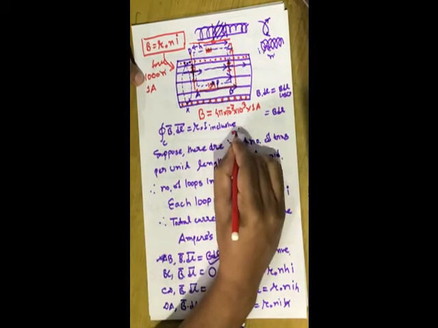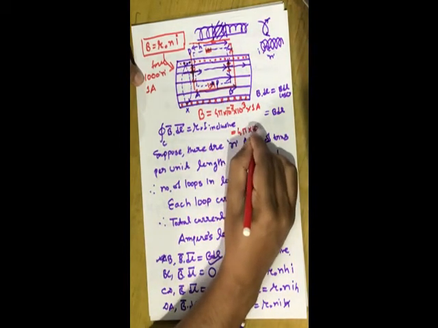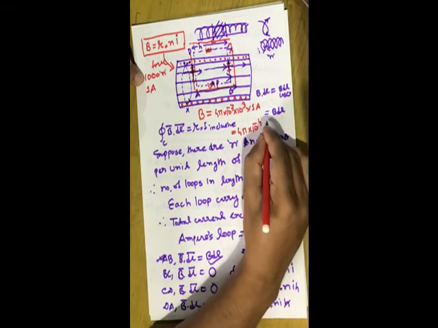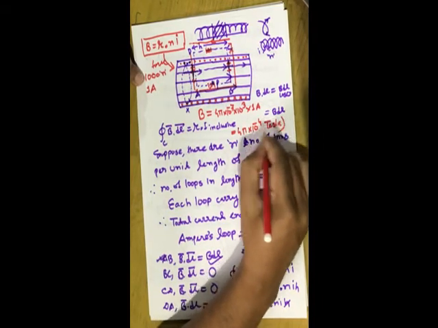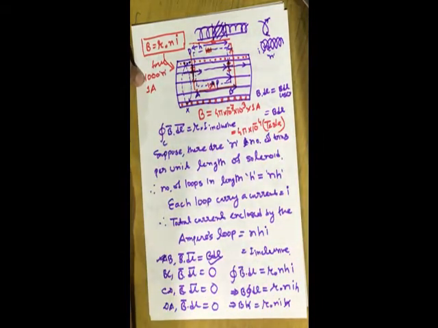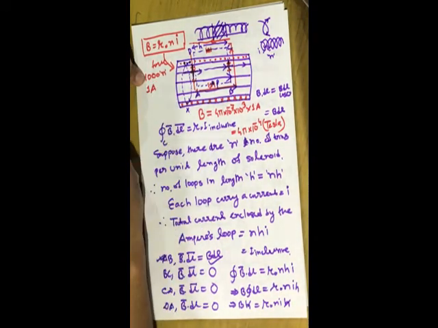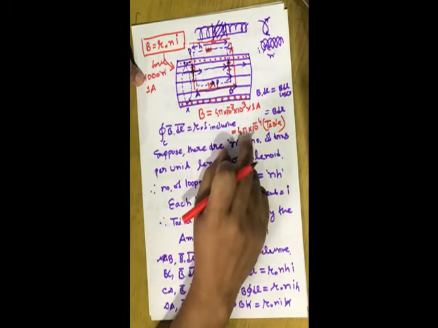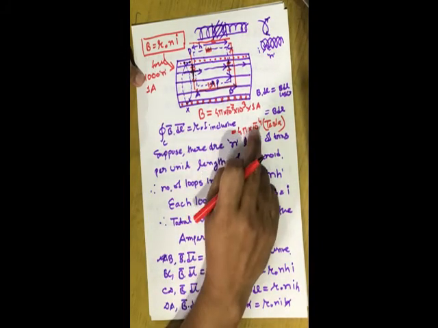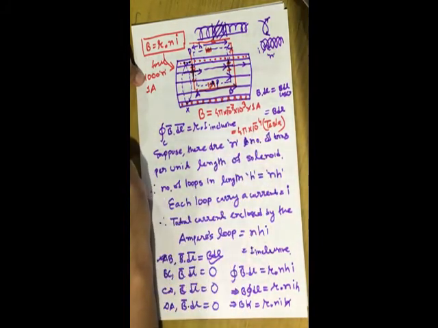So this value will be equal to 4 pi into 10 to the power minus 4 Tesla. So this much magnetic field the solenoid will produce: 1 ampere current passing through a solenoid having 1000 turns per meter will produce a magnetic field equal to 4 pi into 10 to the power minus 4 Tesla.